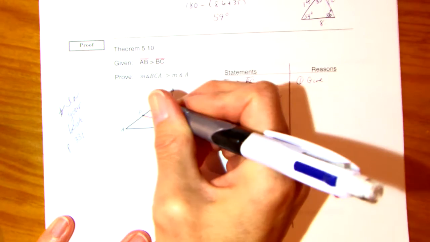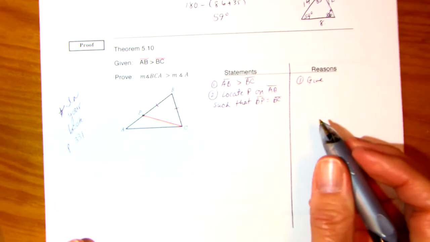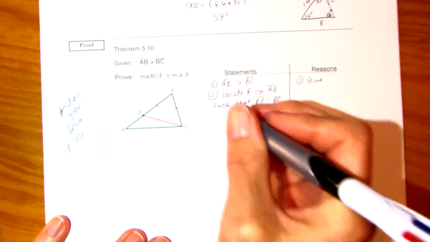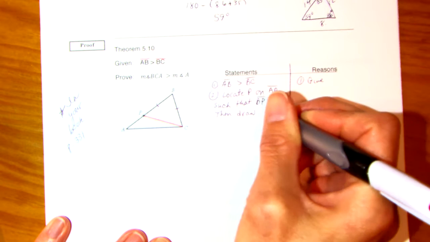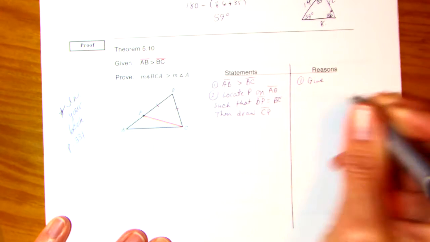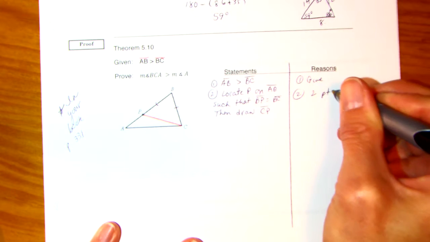So you see the little lines here. We want to find out where P is just so that happens. Then draw CP. How can we justify that? Two points make a line.